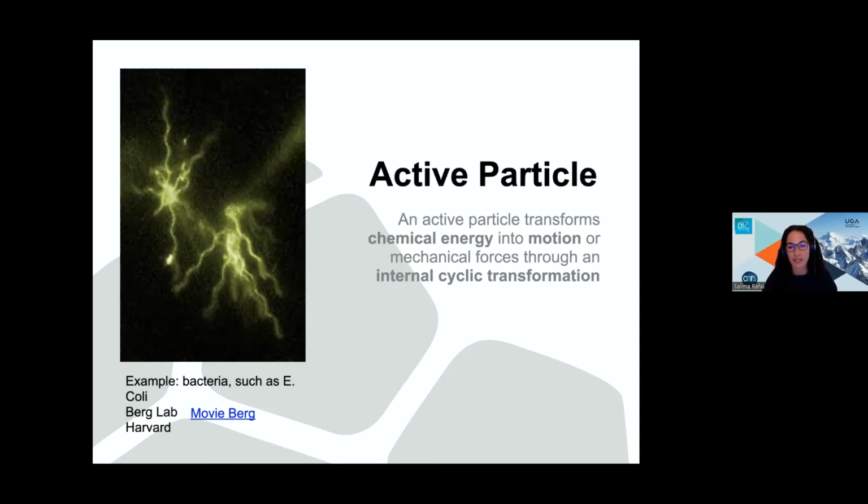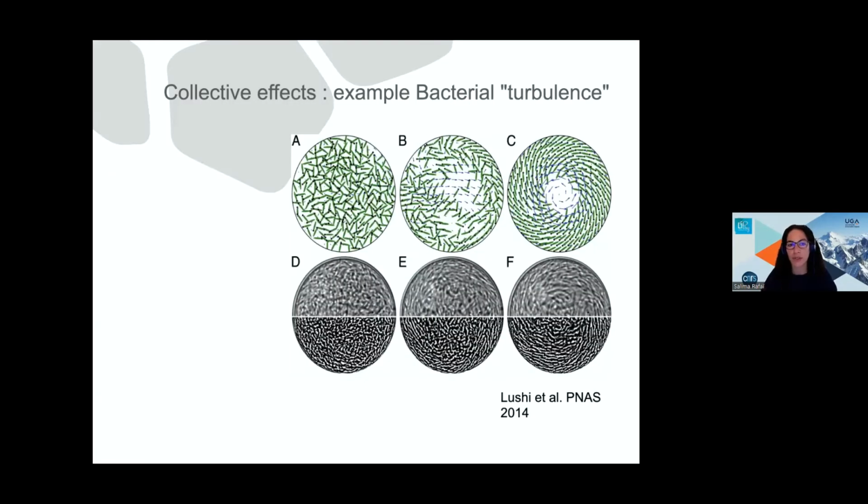In those systems, you can observe the emergence of collective effects, and in the bacteria system, if I stay with this one, we can talk about bacterial turbulence. It's not turbulence in the fluid mechanics sense because it's a low Reynolds number system, but we can observe, as exemplified here, some turbulence patterns in those systems only due to the activity, to the motility of the bacteria.